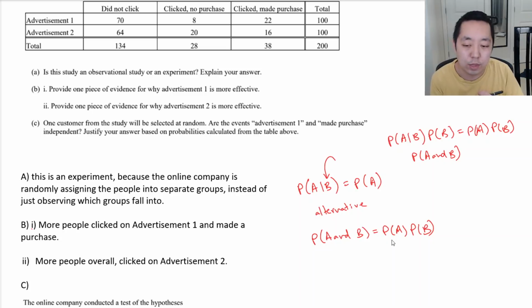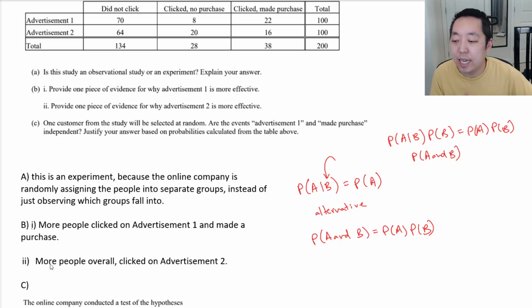Both are kind of the same thing. In your explanation, it depends on which way is easier to think about it. But this is really the core definition of independence. It means if I condition on the event B, it doesn't affect the probability. It's the same as if you didn't know B occurred or didn't occur.